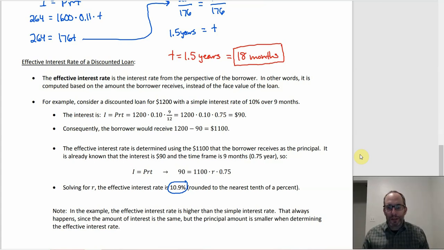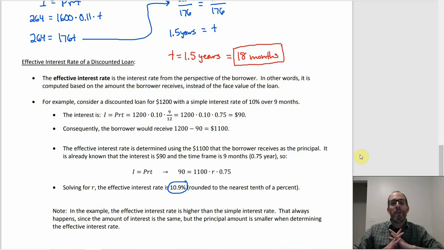So it's bigger, the interest rate's higher. That will happen every single time because P minus I is always less than P. And the amount of interest as a dollar amount is always the same. So if you're starting from a lower amount, but you have to get the same amount of interest, the interest rate's got to be higher to make that happen.